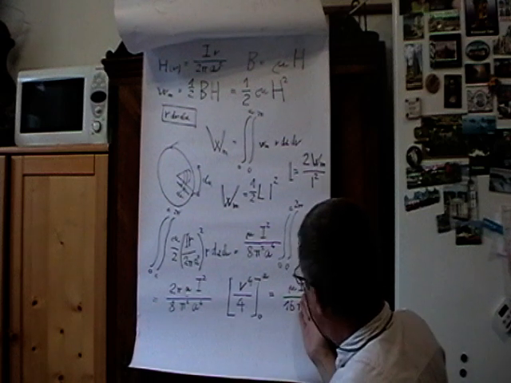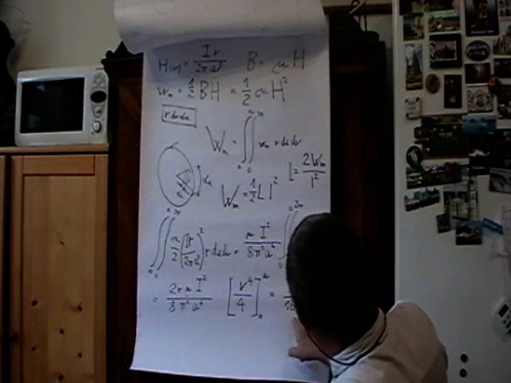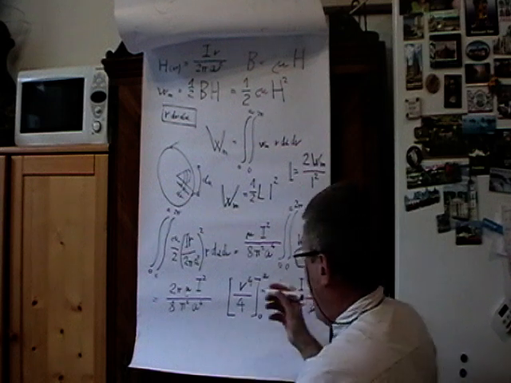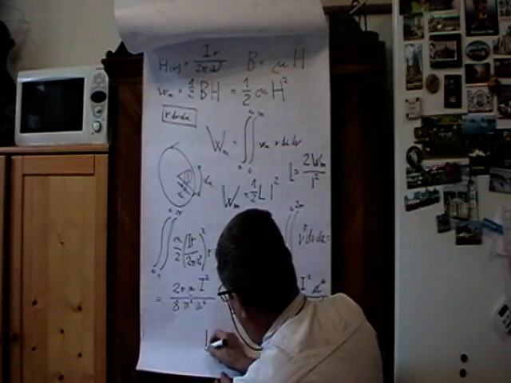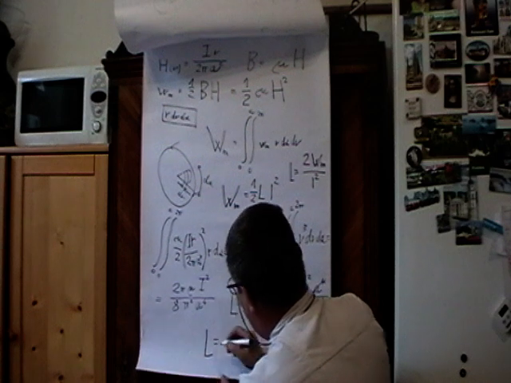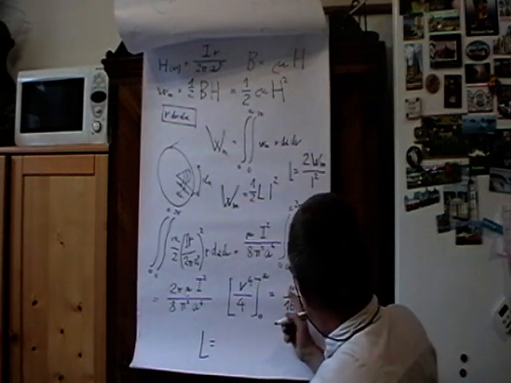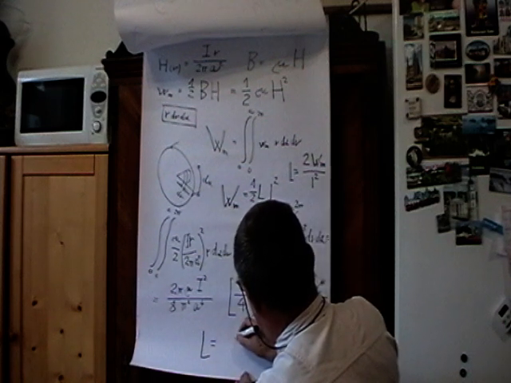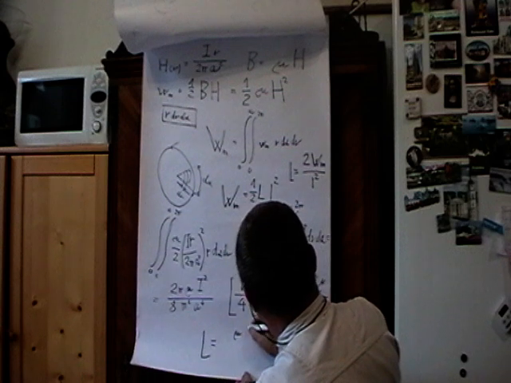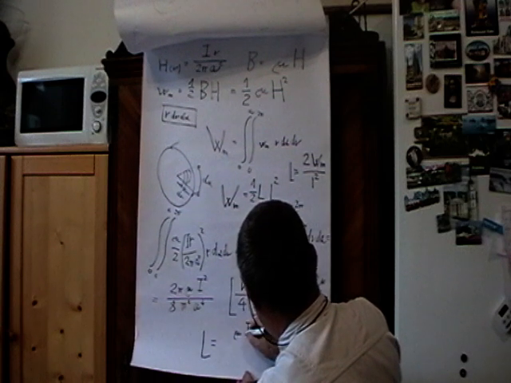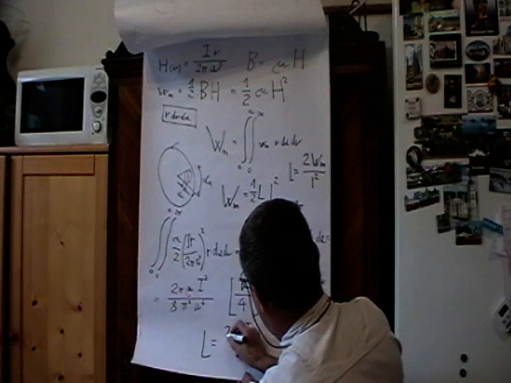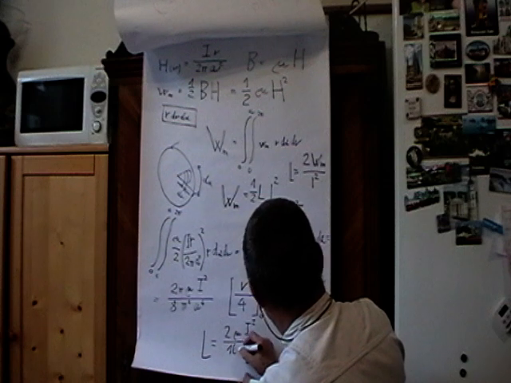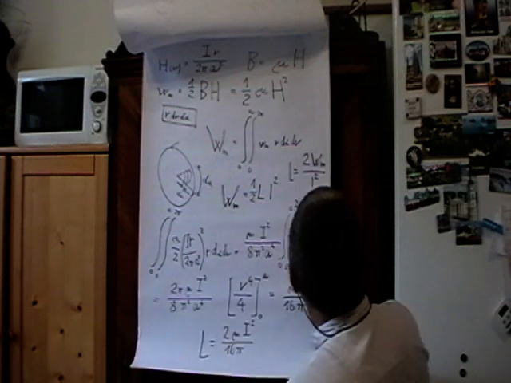Okay, so we have this equation, we have the energy just here established, and we can therefore use the equation to establish the inductance, and that is 2 times the energy mu I squared over 16 pi, and what remains?